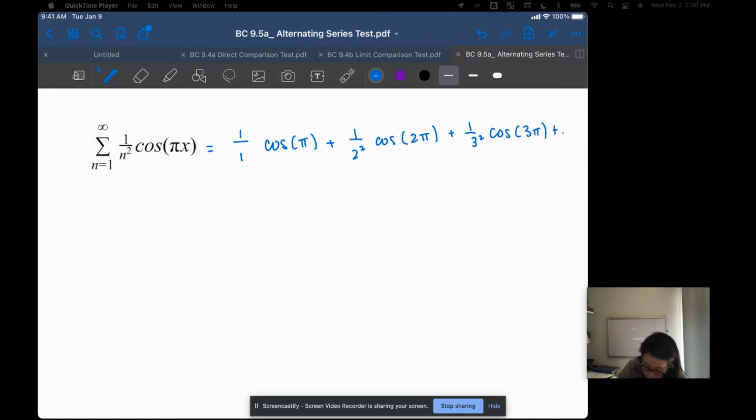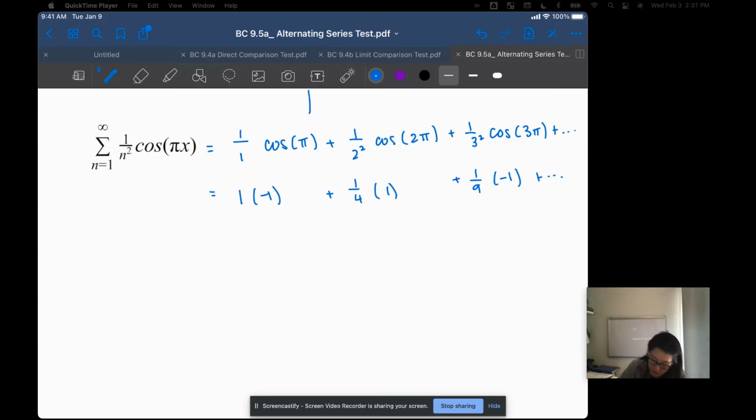And I think that's enough. So I'm going to simplify that to cosine pi is -1 plus 1 over 4 times +1 plus 1 over 9 times -1.